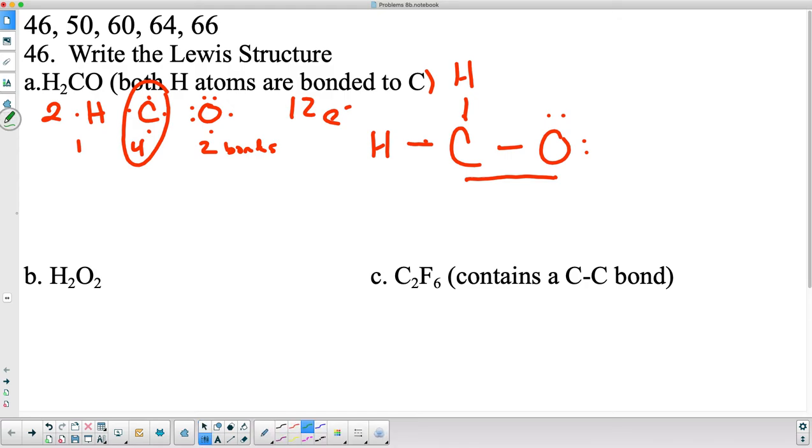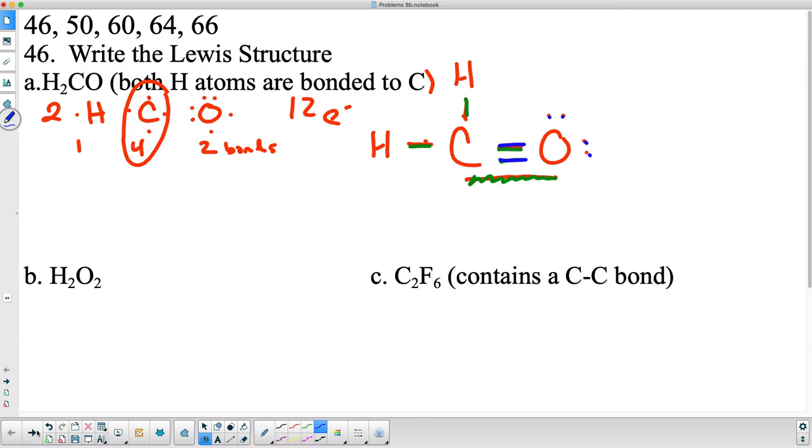If I take a look at carbon to see if I have an octet, I have two there, two there, two there, and two there, because I just moved that up to make it look nicer. So I have four bonds, which is 8 electrons total. Now for oxygen, 2 plus 2 is 4, there's 6, and there's 8. So both carbon and oxygen have an octet, and that's why I write this like this.